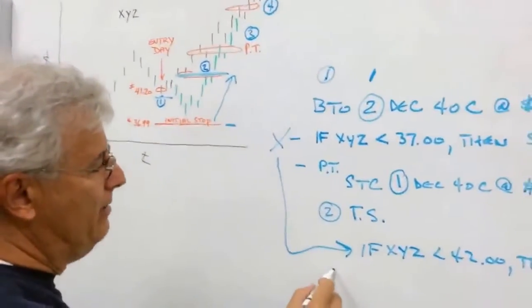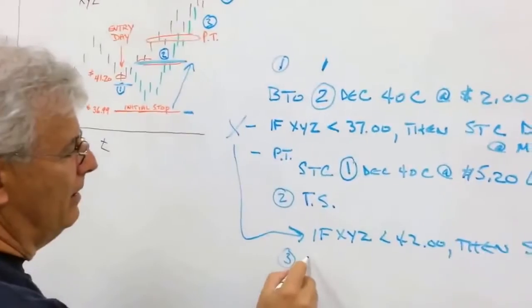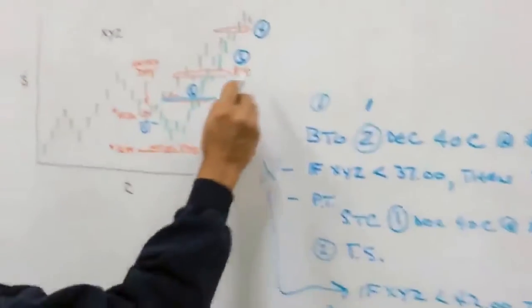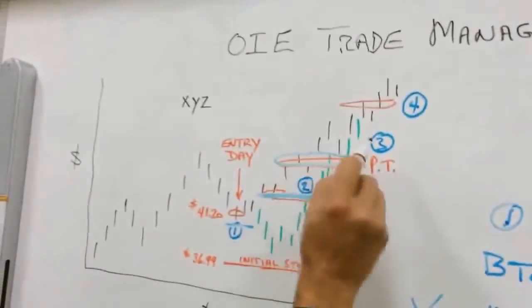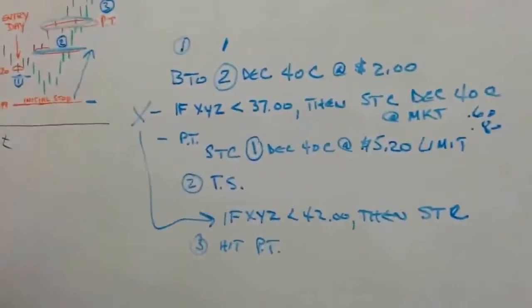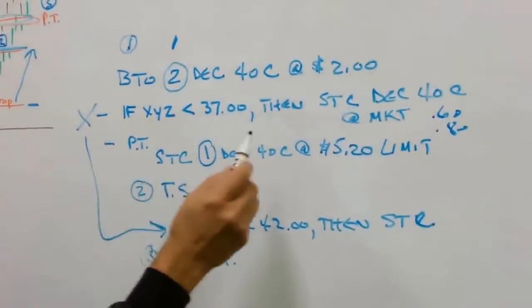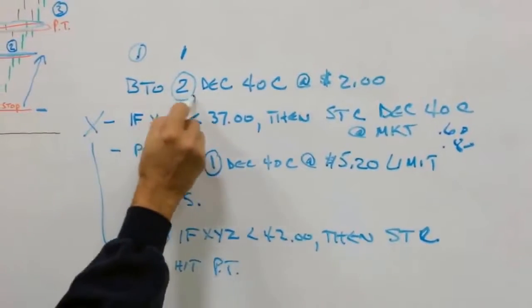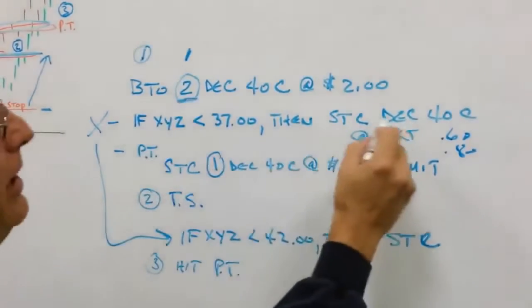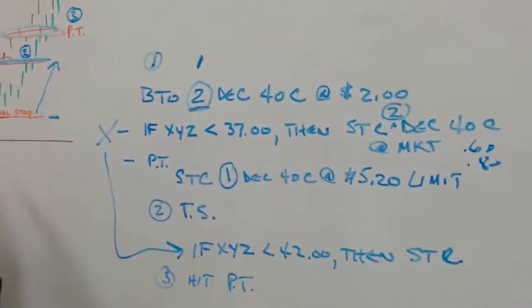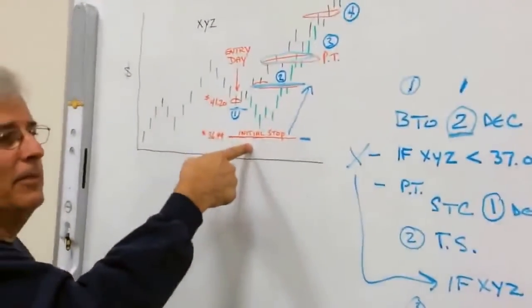At point 3, we hit the profit target right here. Now when that happens, you've got to go in and change your trailing stop, because remember, we're selling to close the entire position. So if we bought 2 initially, we're selling to close the whole position if it hits the initial stop.